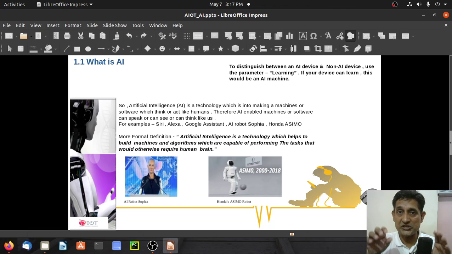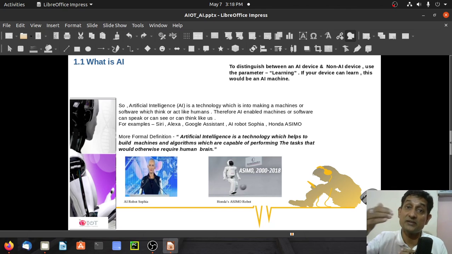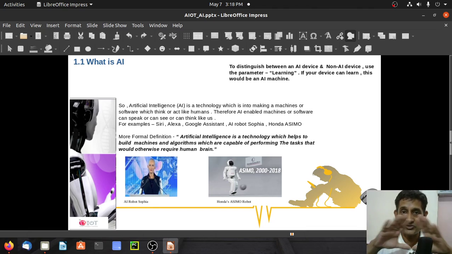An AI machine may not perform a certain task in the first attempt, but it will acquire more data, it will learn from the experience, and in the second attempt it will perform better than the previous attempt. Maybe after a couple of iterations, maybe 4, 5, 6, 8, 9, maybe the 100th iteration, the AI software will perform as accurately as, or maybe better than, a human, right? So this is basically artificial intelligence.